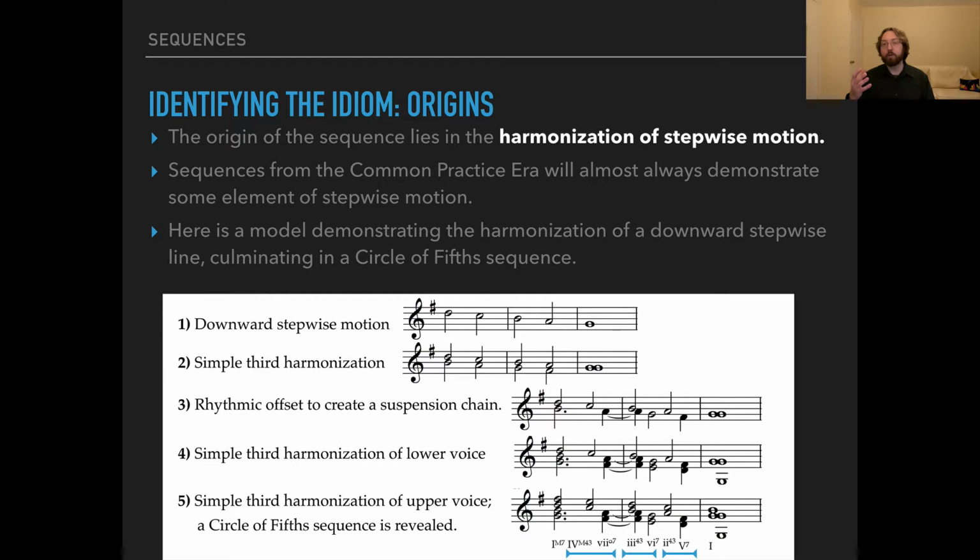Now let's imagine that we come up with sort of the simplest harmonization possible, which is just to give it parallel thirds and end on a unison G. We can make it a little bit more interesting by adding a rhythmic offset to create a suspension chain.